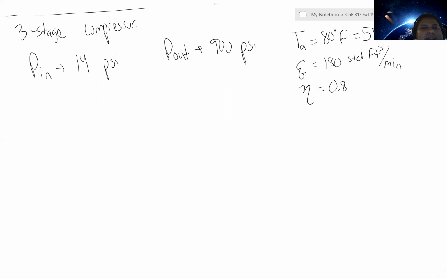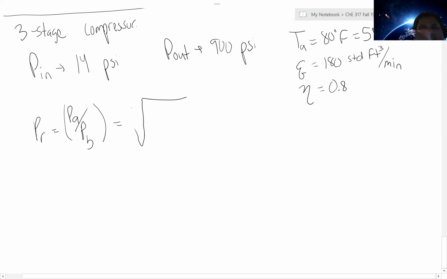All right, so the first thing we need to find is the pressure ratio. For this, we're going to be looking at the nth root, or since it's a 3-stage, the cube root of the outlet pressure, which is 900 psi, divided by the inlet pressure, or 14 psi.